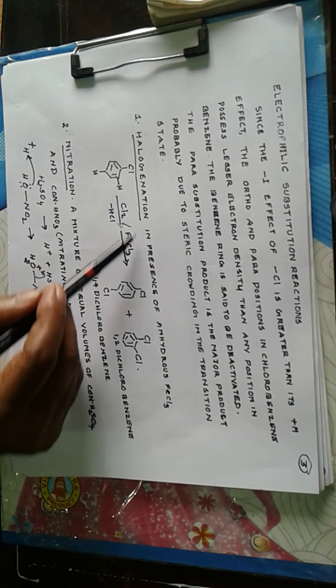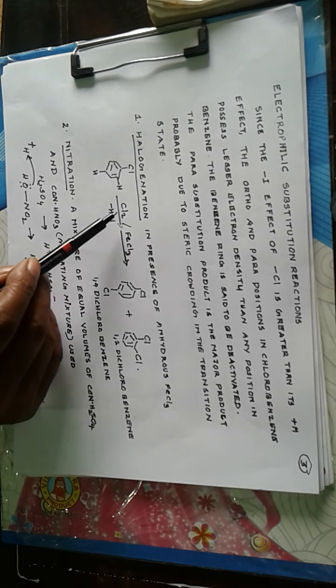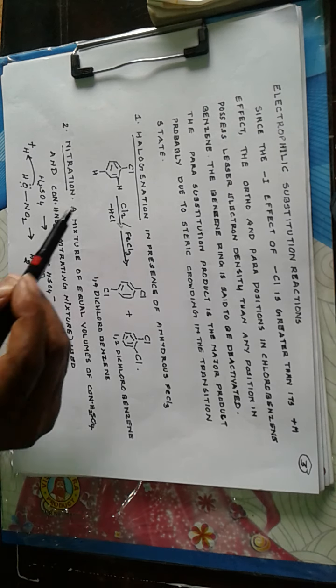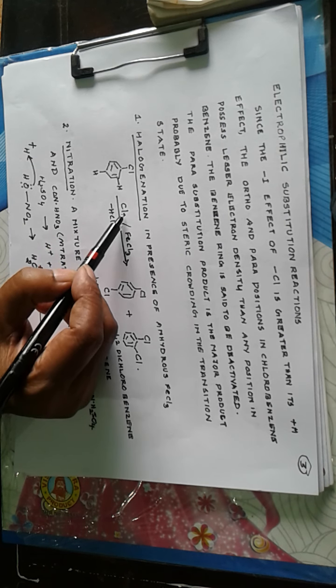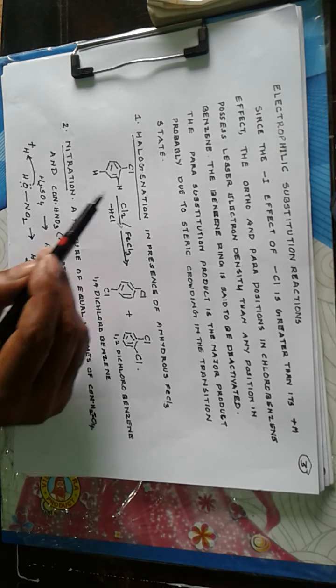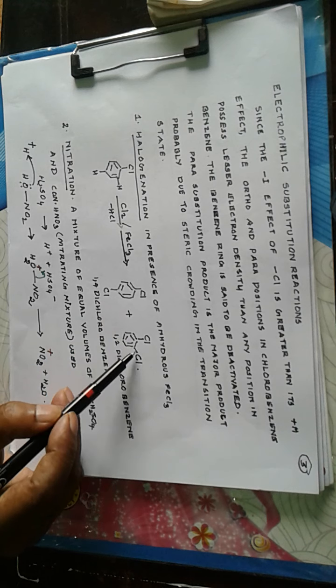Now halogenation, when carried out in the presence of anhydrous ferric chloride, chlorine can enter the ortho and para positions, because in the ortho and para positions there is more electron density compared to the meta position. So chlorine enters the ortho and para positions, in the sense one H and one Cl are removed as HCl, and the Cl enters the position of H. We get the ortho compound, 1,2-dichlorobenzene.